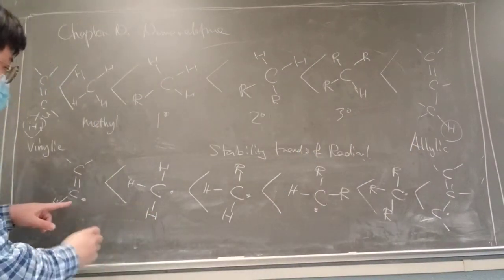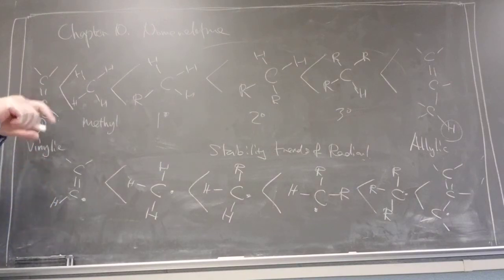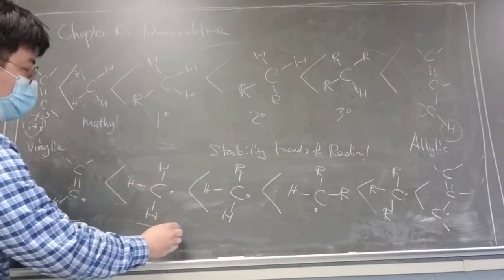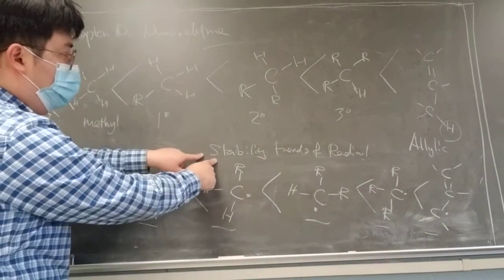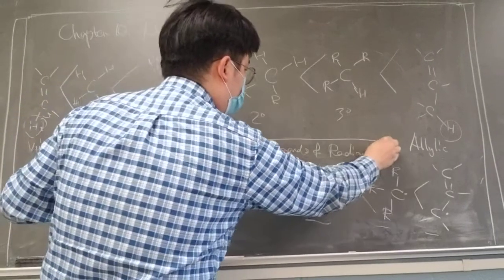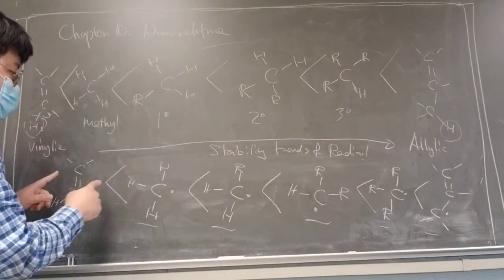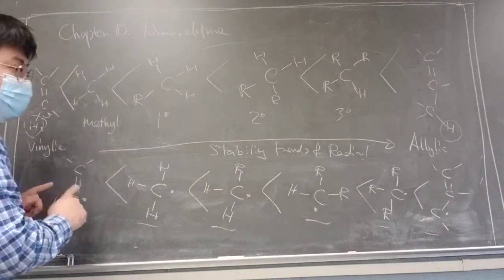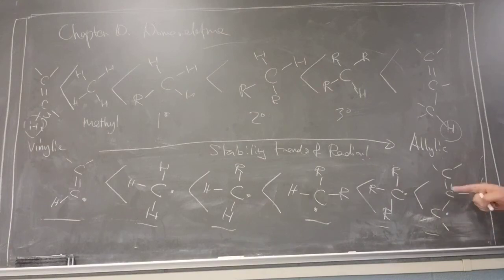So they all just break the one bond between carbon and hydrogen, but it's a radical breakage. So there will be a radical after they lose the hydrogen. And if you look at this one here, the stability trend of this radical also goes along with the reactivity trend too. So if you go from left to right, this is the least stable, this is the most unstable form, and this is the most stable radical form among those.